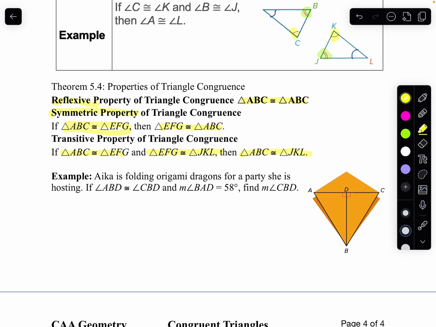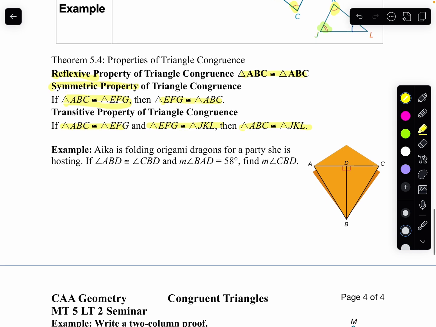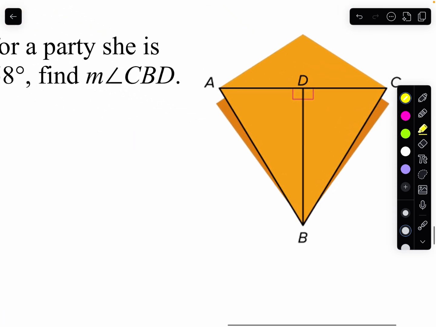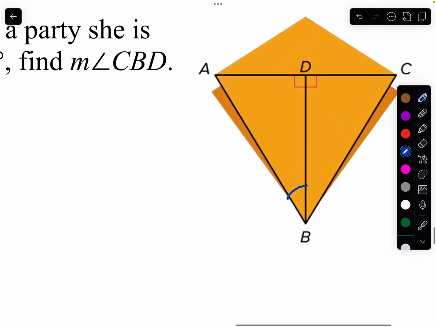Now let's take a look at a problem here. It says Aika, I don't know how to pronounce that, is folding origami dragons for a party she's hosting. She knows angle ABD. I'm going to mark that down here. So she knows angle ABD is congruent to angle CBD.